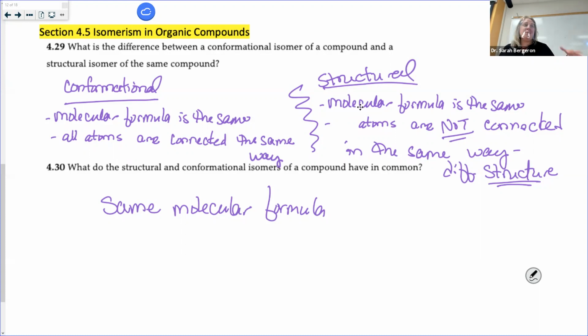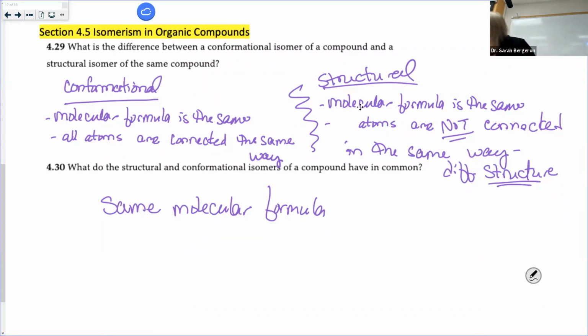A person like myself, if I did the YMCA, which is fun to do, right? When I'm doing this, do I change? Does my arm come off and move or no, right? So I'm changing my conformation, right? But am I the same molecule? Absolutely, absolutely. That's a conformational isomer.